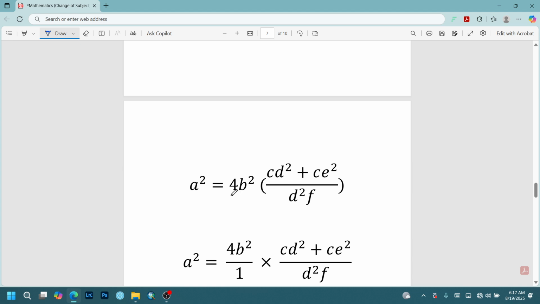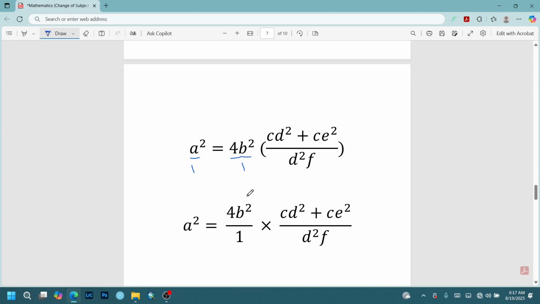This fraction, 4b squared, has an invisible 1 because every number or variable is divisible by 1. So in multiplying, you have the fraction b squared over 1 multiplying cd squared plus ce squared.